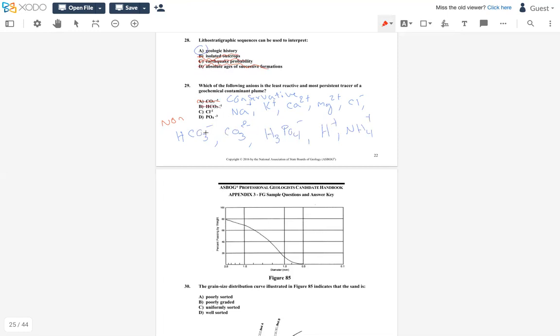Chlorine. Not chlorine. And then those phosphate species. So boom, looks like we are left with C as our final answer. And that's true, that's pretty common. So we can be pretty confident about that.